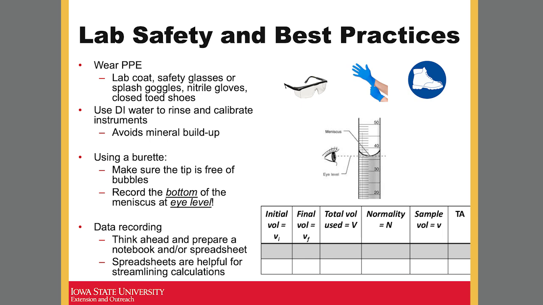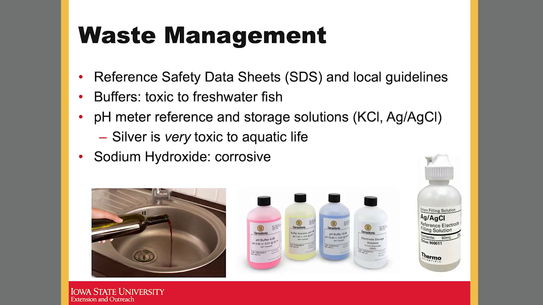Somebody is going to take notes if you are two, or if you are alone, you're going to have to take notes. Once we are done with the analysis, there is a lot to do with the waste, because we're going to get a little bit of waste from sodium hydroxide, but also the grape juice.